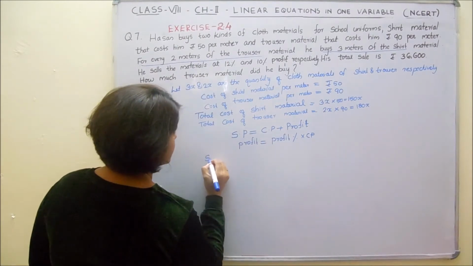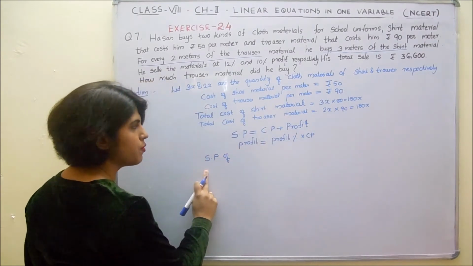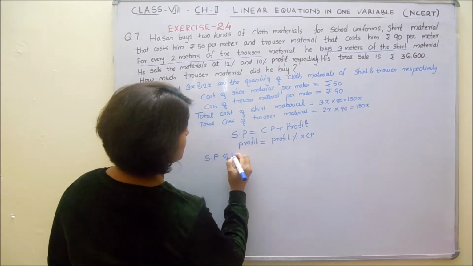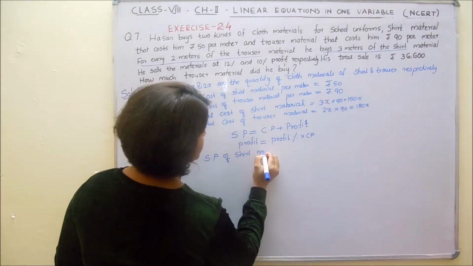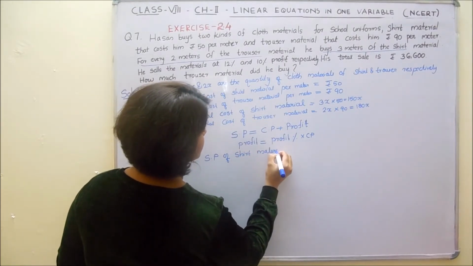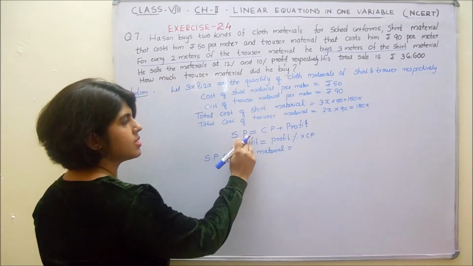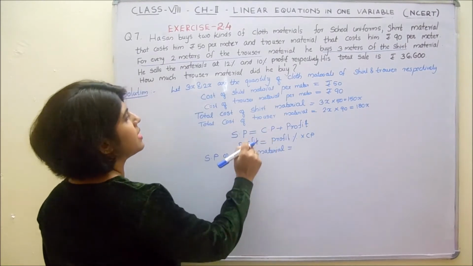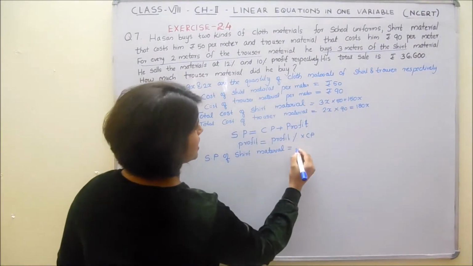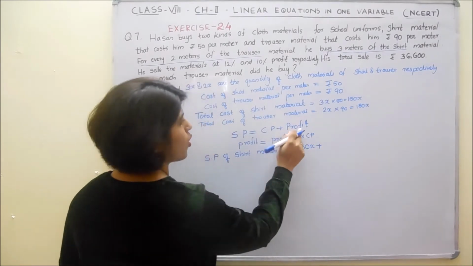Selling price of, I am writing the short form, selling price of shirt material equal to, what is the formula? Cost price. Cost price of shirt material is 150x plus profit.